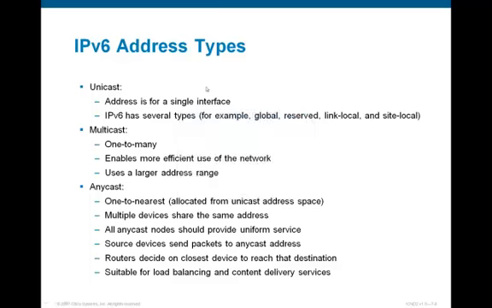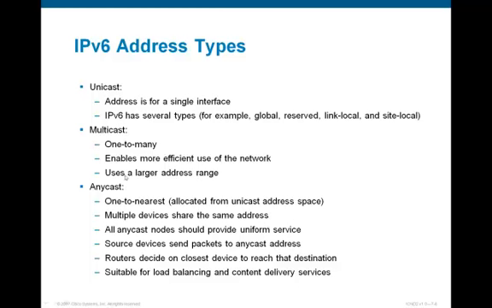Now, these are the various types of IPv6 address. One thing you immediately notice is that there is no more broadcast address in IPv6, because I guess they found that IP broadcast is too annoying.